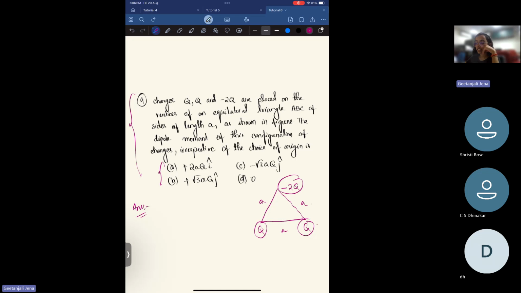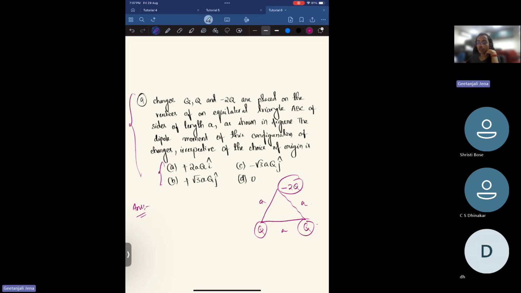You need to recall what is the formula we have used for finding out the dipole moment. For monopole, it's easy. Monopole is nothing but the summation of all the charges. For discrete charges, it's the summation of all the discrete charges. So you can see it here, it is minus 2q, q, and q. So this monopole moment is 0.